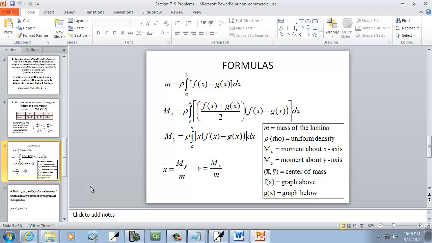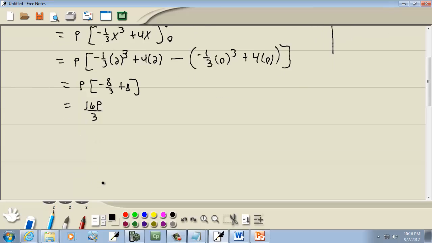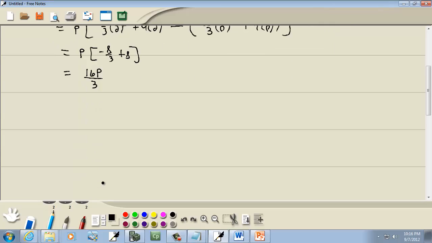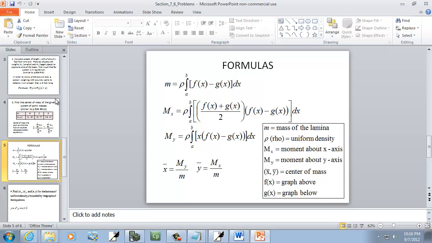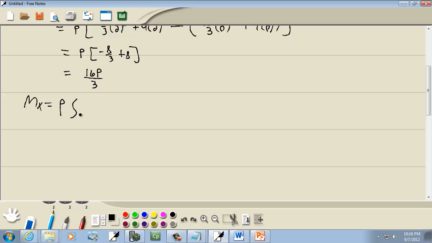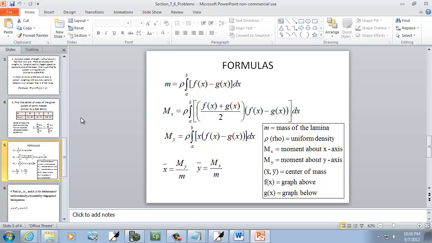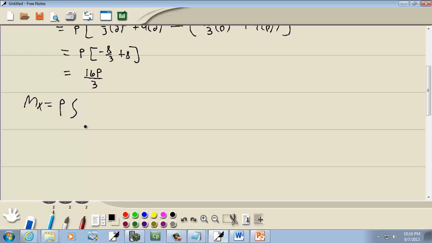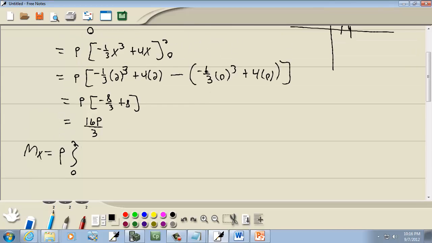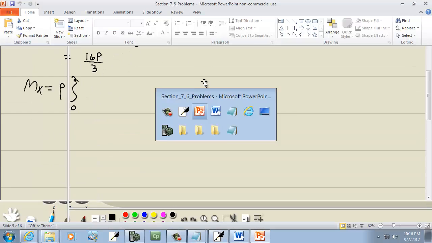Well, next thing we want to find is m sub x. And that's rho, and then our restrictions on A and B, which I believe were 0 and 2. Let's see if that's right. Yeah, 0 and 2.